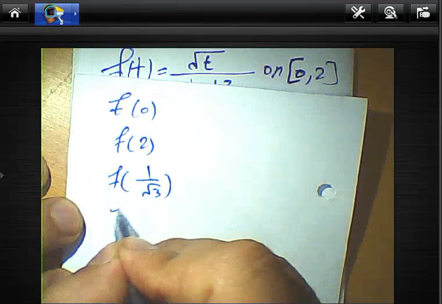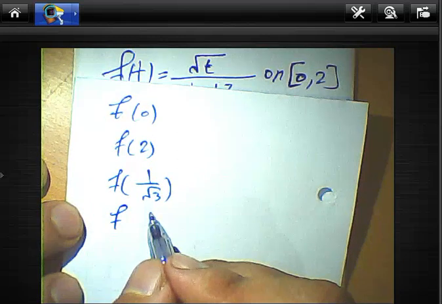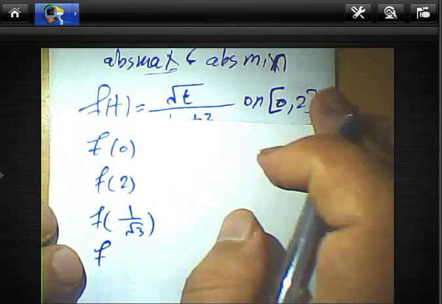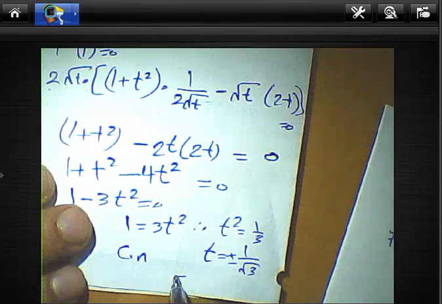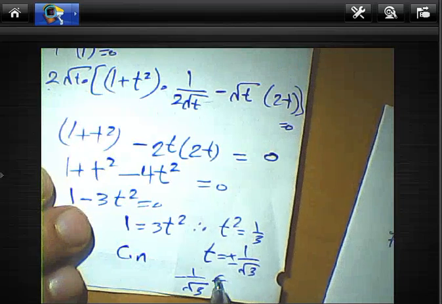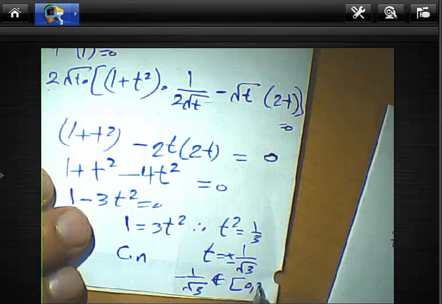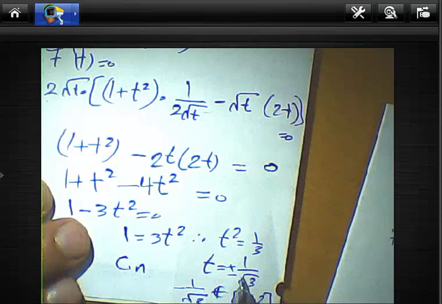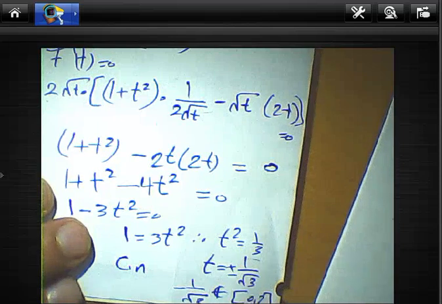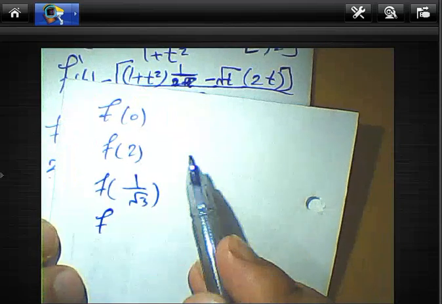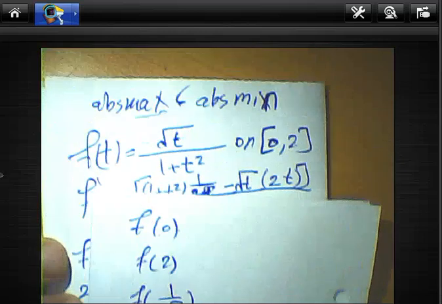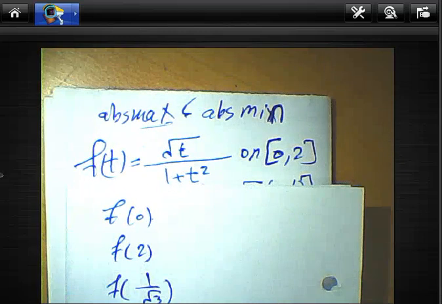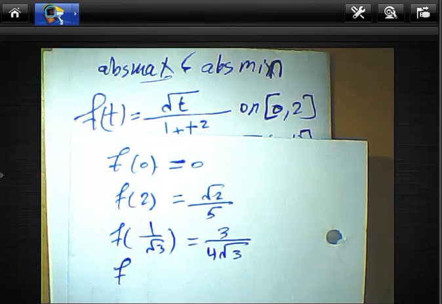Negative 1 over root 3 does not belong to the interval 0 to 2. So we find 0, 2, and 1 over root 3 only. We can use a calculator to find the values for all critical numbers here.